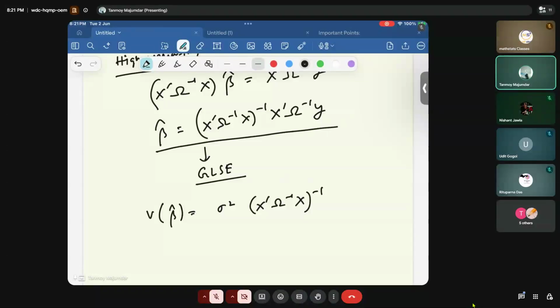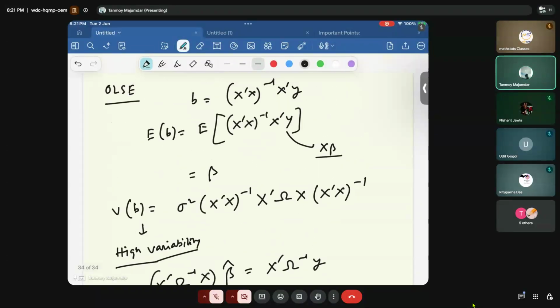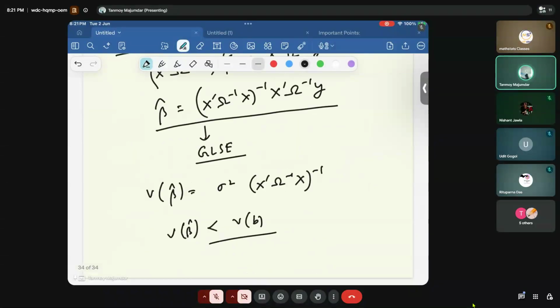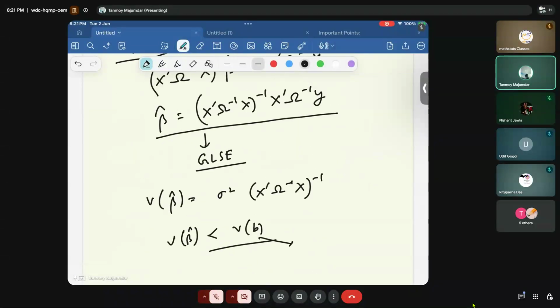So in that case, the variance will be minimum, and we will be getting the best linear unbiased estimator. Okay, so variance of beta hat is less than variance of b. जो पहले हम लोगों को वेरिएंस ऑफ बी मिला, वेरिएंस ऑफ बी मतलब ये जो बी है ये कहां से आ रहा है, ये OLS से आ रहा है, और जो बीटा हैट आ रहा है ये हम लोगों को आ रहा है तुम्हारा GLS से.